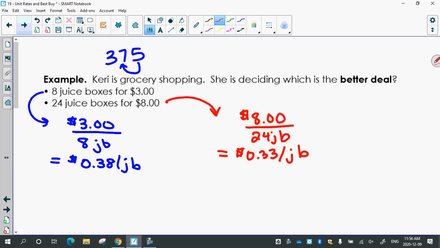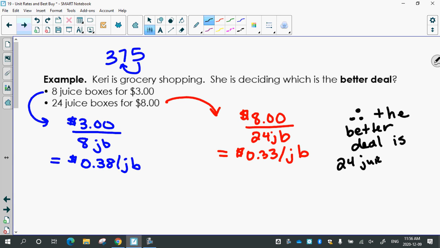Best buy is the lower one. So the better deal is 24 juice boxes for $8, because it's only 33 cents per juice box instead of 38 cents per juice box.